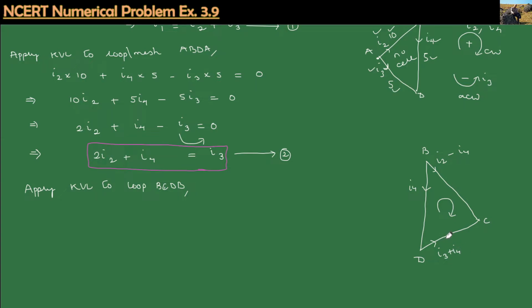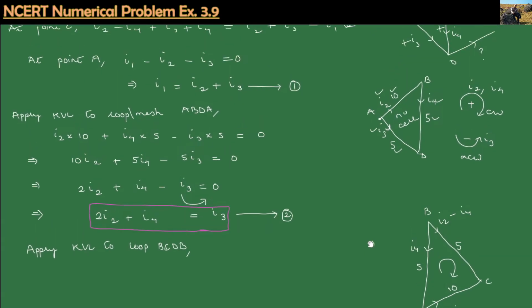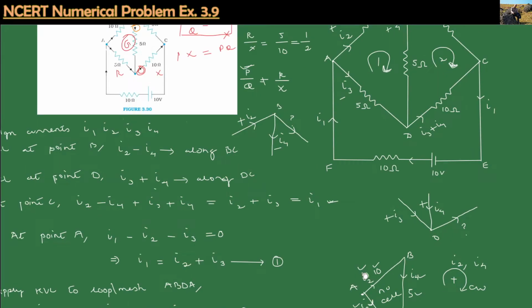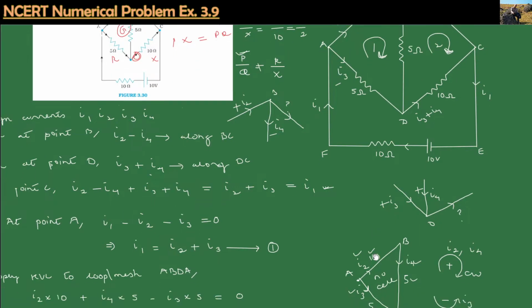We have these resistors: the resistor across branch BD will be 5 ohms, the resistor across branch BC again will be 5 ohms, and the resistor across branch DC will be 10 ohms. Let us verify again. Okay, 5 and 10 is correct.